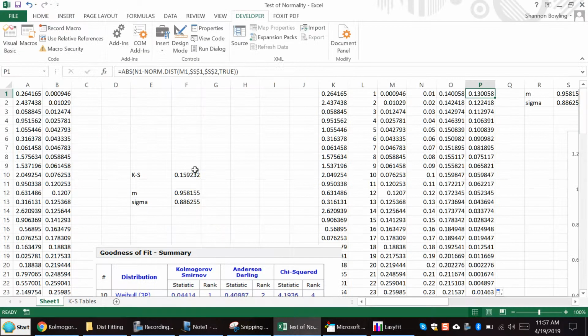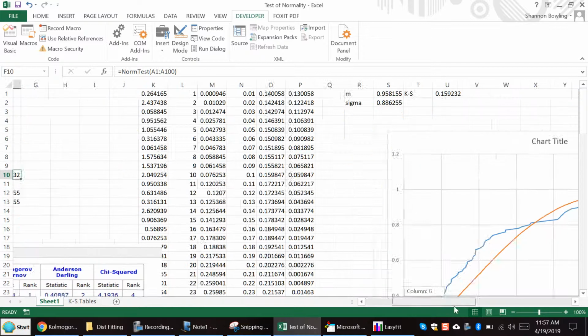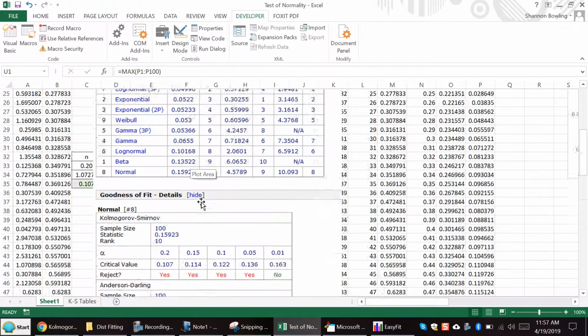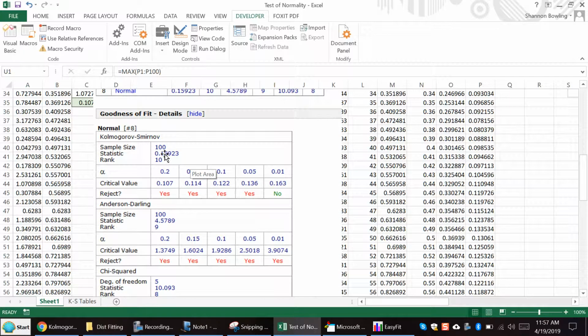And so when I plug in, you can see that when I type in norm test, I get 0.159232, which is exactly this value here, doing it kind of the long way using spreadsheet, which is the same value here. All right. So now how do I interpret it?